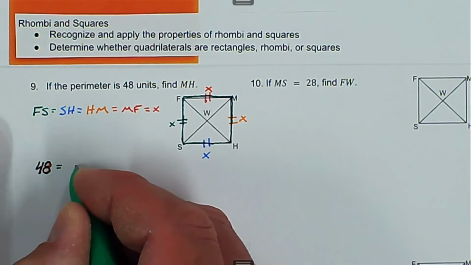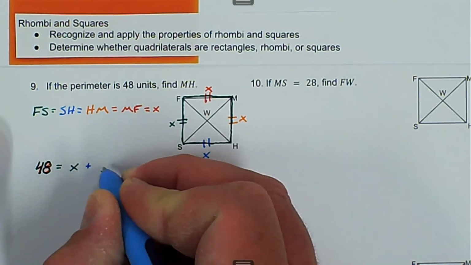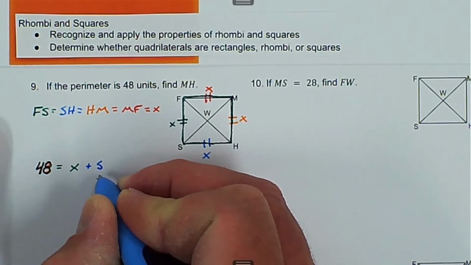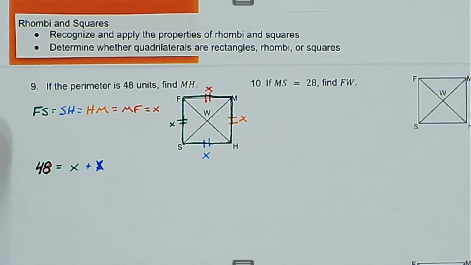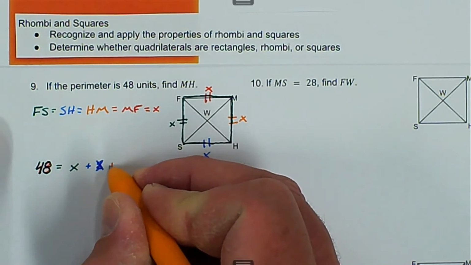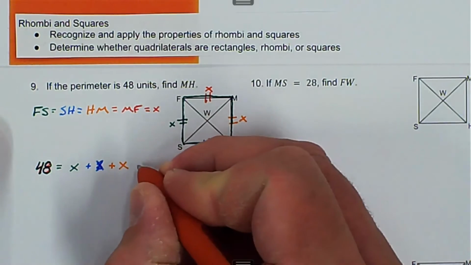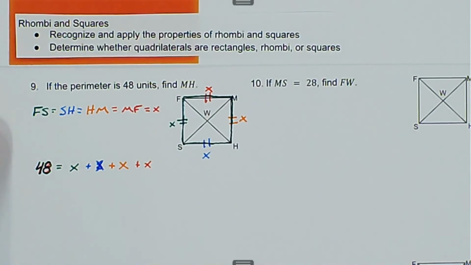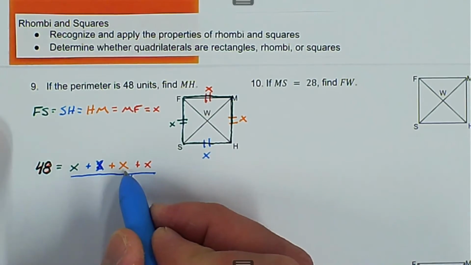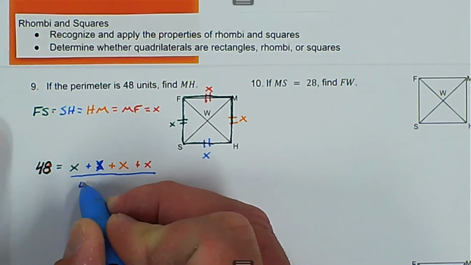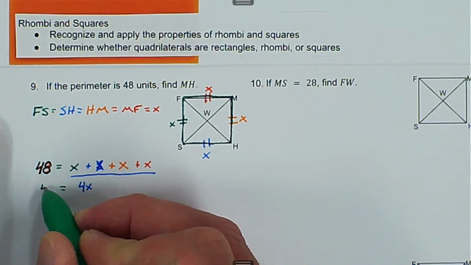That is equal to FS plus SH, which we said SH was X, plus HM, which is X, plus MF, which is X. And again, we have like terms, so X plus X plus X plus X, that's going to be 4X, and that's still equal to 48.